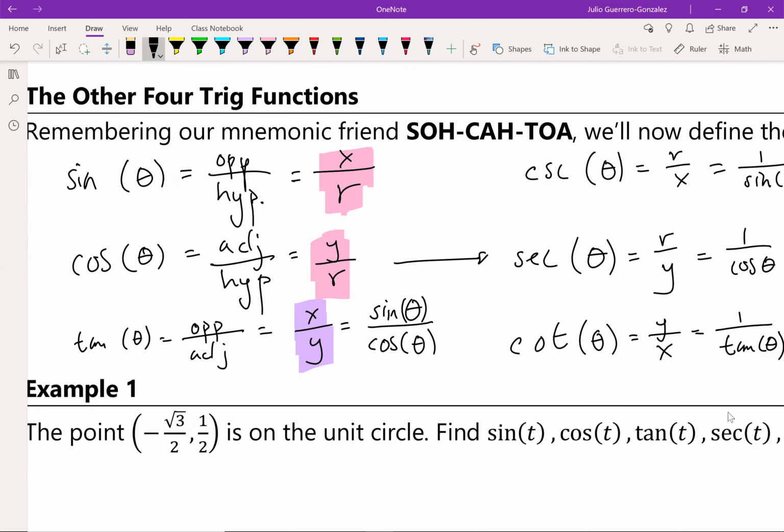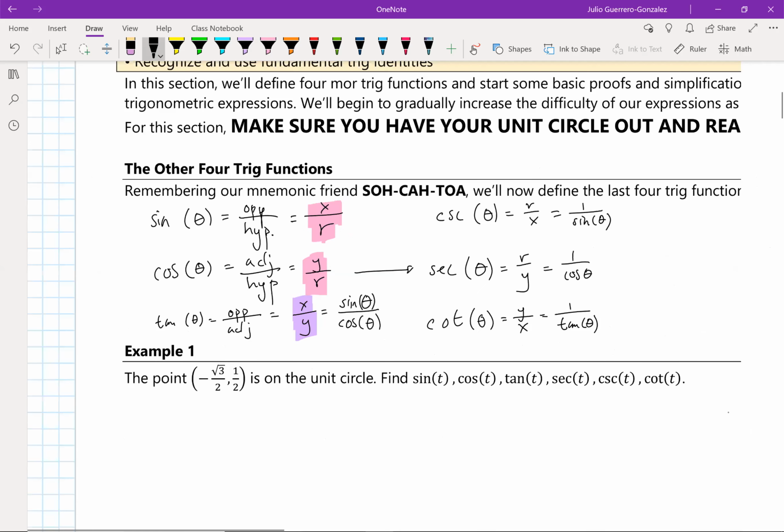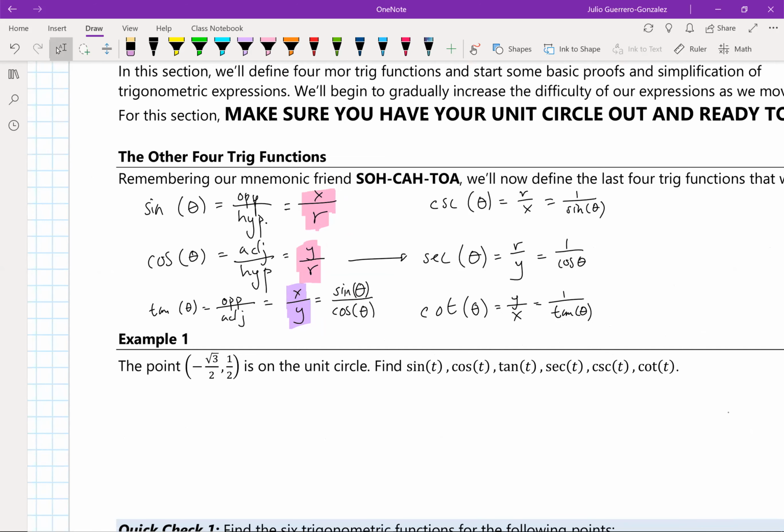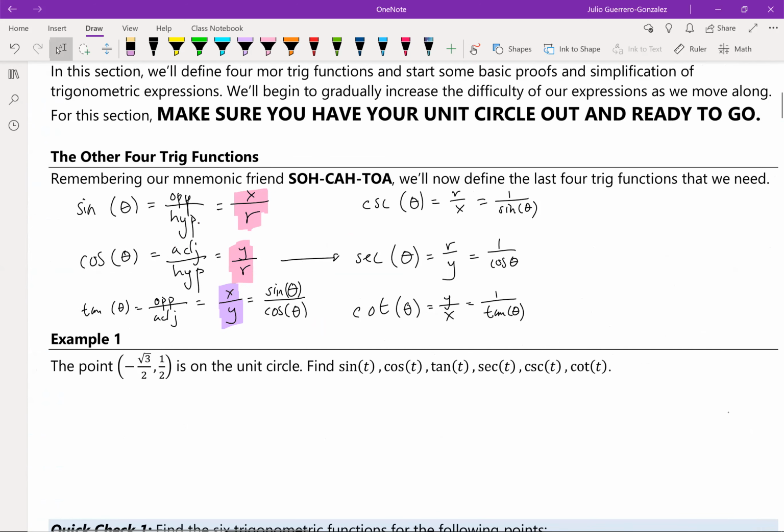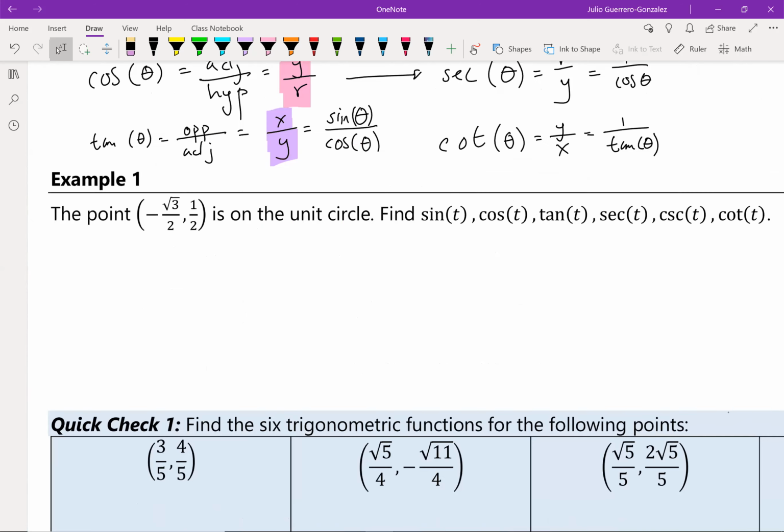Okay, that rounds out all the trig functions that we're going to be playing around with for the next 2-3 weeks. So with that being said, we can now find all 6 functions for a particular point, and it goes just as you would expect. Sine of an angle theta is going to be the y, so that's going to be 1/2. The cosine of an angle theta is equal to negative root 3 over 2.